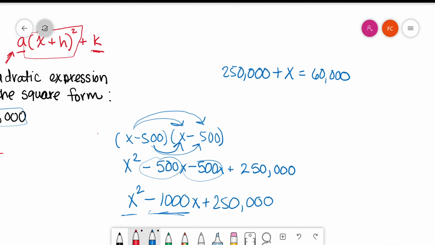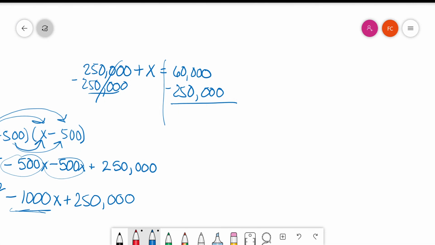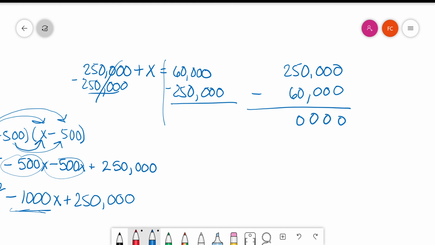And at that point, you could just draw your wall, subtract 250,000 from both sides. So I just have to figure out what 250,000 minus 60,000 is. And again, if you don't know, we could always do some subtraction. So we can do 250,000 minus 60,000 and subtract. 0 take away 0, 0, 0, 0, 0, 5 take away 6 I can't do. 15 take away 6 is 9.